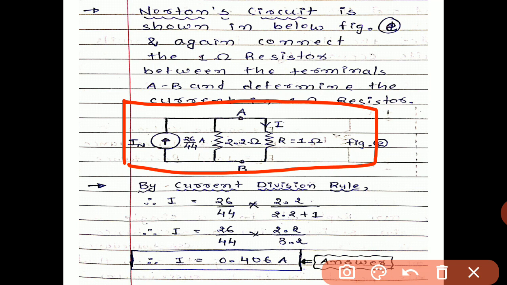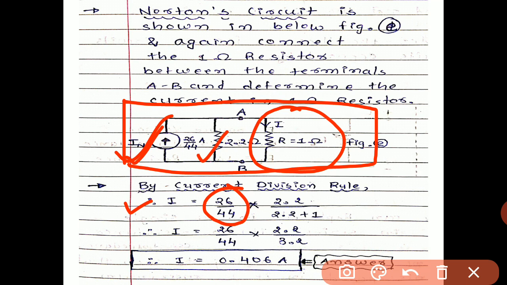So we have to find the value of current I, or we can say load current. So IN and impedance are here. By the current divider rule, or current division rule, I will be the total current I multiplied by the resistance which is in parallel.